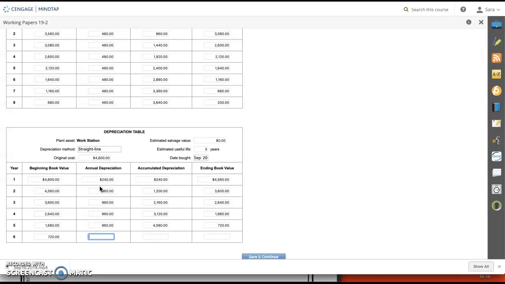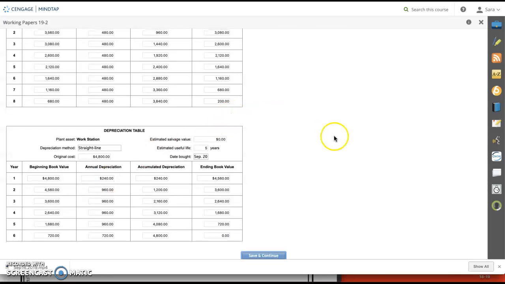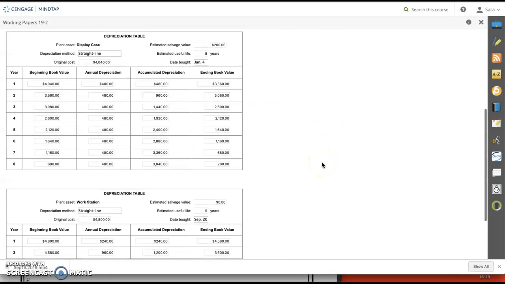So from January to September would be 9 months. So then I'm just going to take my $80 times 9 and get $720. And then my accumulated depreciation is 4,800 and my ending balance is 0. So that's all you have to do to complete your depreciation tables.